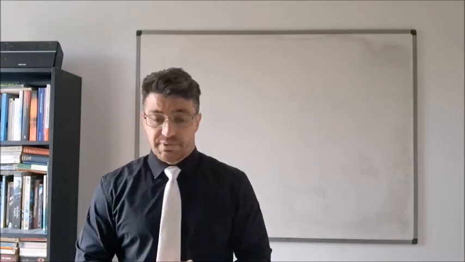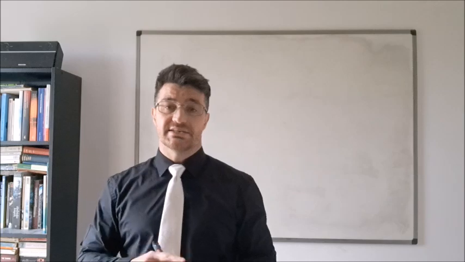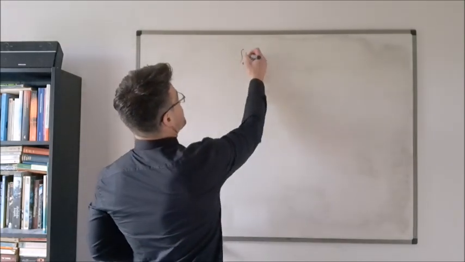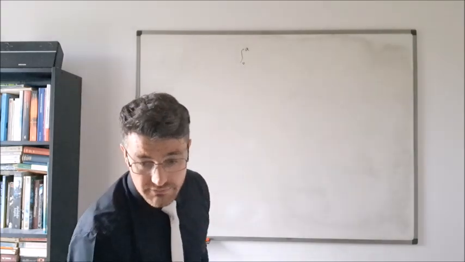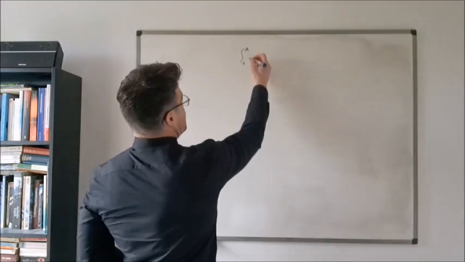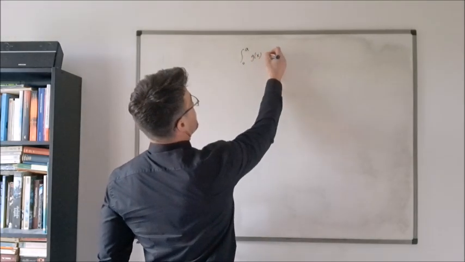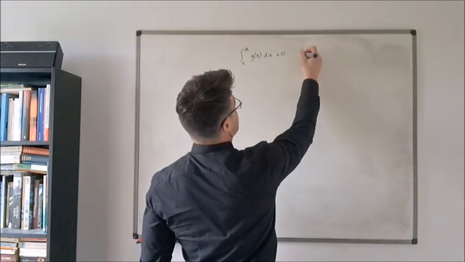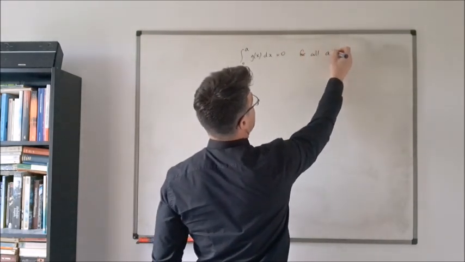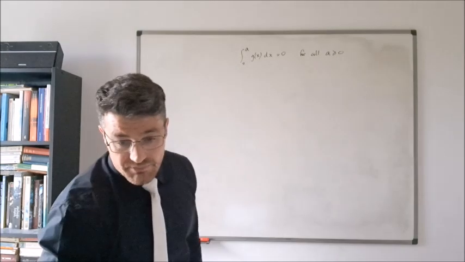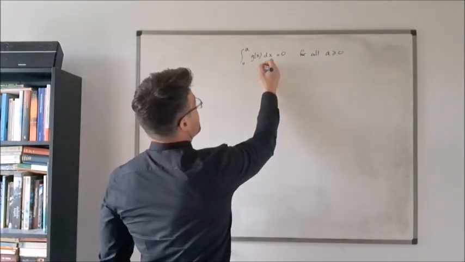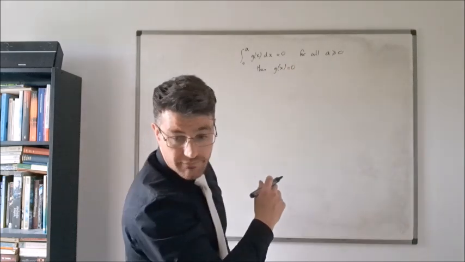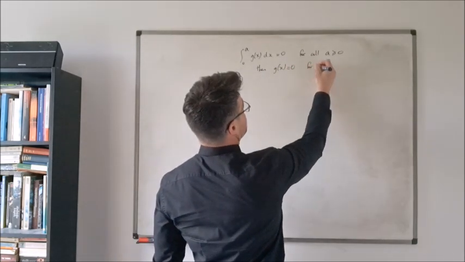Part 2 says, explain why, if g is a continuous function and the integral from 0 to a of g of x dx equals 0 for all a greater than or equal to 0, then g of x equals 0 for all x greater than or equal to 0.